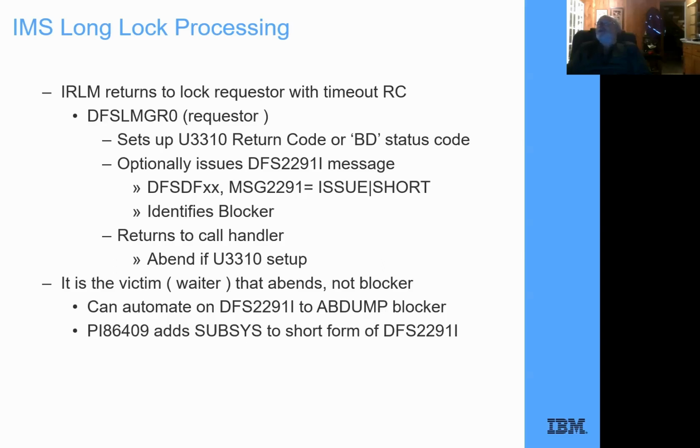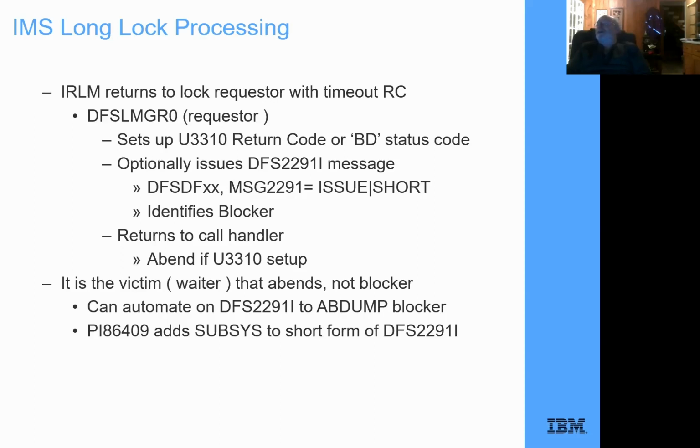Optionally, the lock manager will issue the DFS2291I message. There's a parameter in DFSDFxxx, message 2291 equal issue or short, that if you have that coded, it will issue the message that identifies the waiter and the blocker. You can potentially automate on that message to abend the blocker if you so desire.